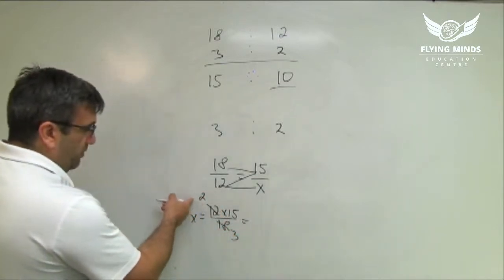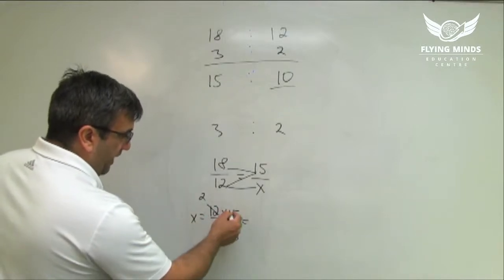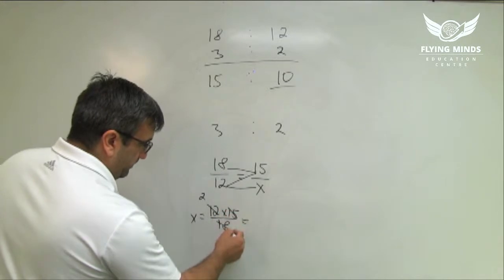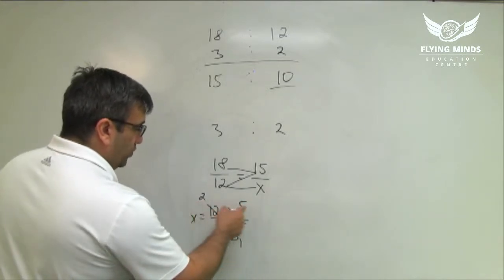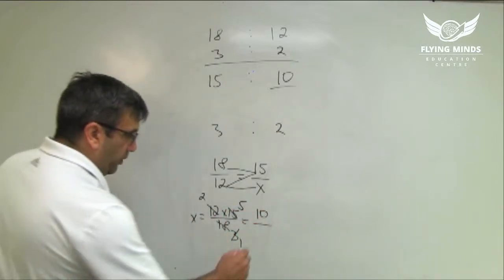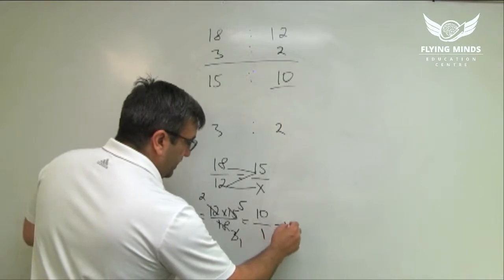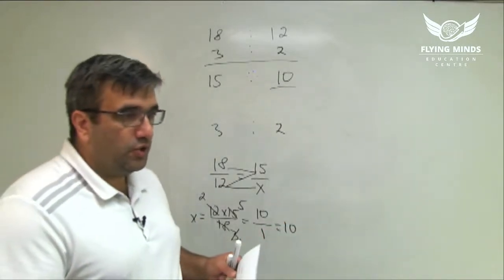So 12 divided by 6 is 2, 18 divided by 6 is 3. And now we can simplify 15 and 3 by 3. And what we get, 2 times 5 is 10. And in the denominator, we have 1. So x equals 10. Okay, so 2 ways to do this.